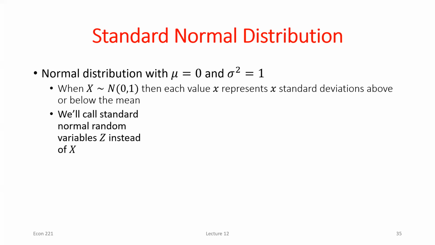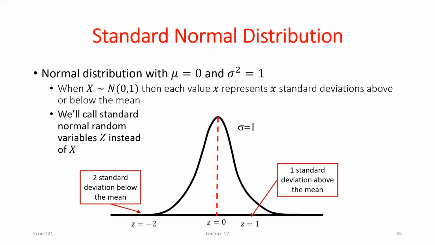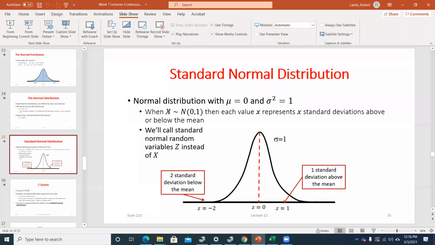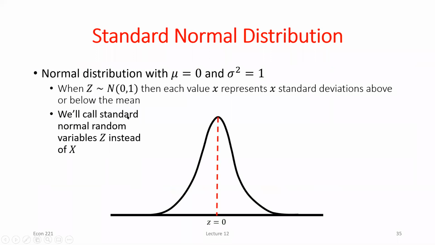So how can I get this? We'll start calling these values z values if they're coming from a standard normal distribution. Instead of thinking about it as x, we'll think about it as z, and we'll call these z-scores. So a z-score of -2 means I'm 2 standard deviations below the mean.